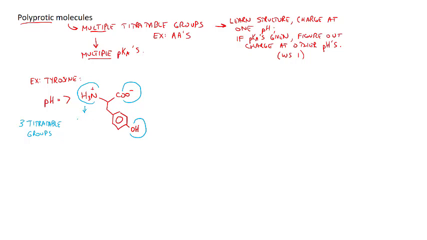The H3N plus group has a pKa of about 9.5. The COO minus group has a pKa of about 2.5. And the OH has a pKa of about 10.